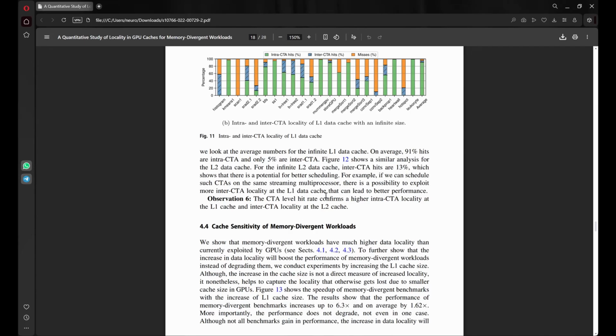The NVIDIA GPU will just automatically take these two thread blocks, thread block one and thread block two, and they would be running in parallel, but on different SMs.